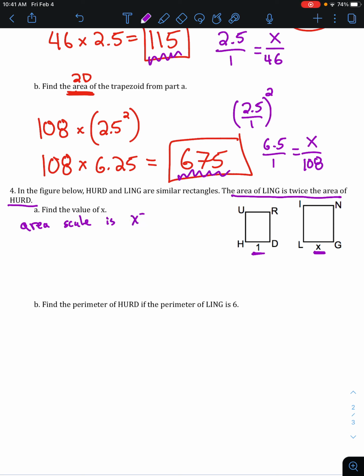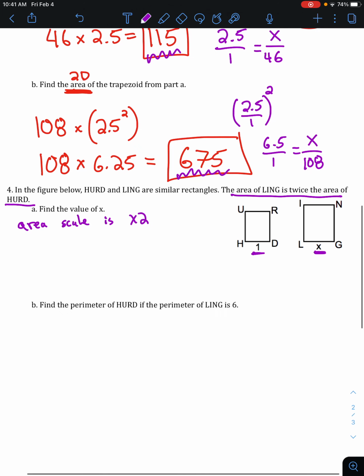is times 2. We need to take the square root of that to figure out the scale factor of the sides, or the perimeter. And so for square rooting 2, we're just going to leave that as the square root of 2. It's approximately 1.4, but we're just going to leave it as square root 2 to stay nice and exact here. So the area scale is times 2. That means our square root 2 is the one-dimensional scale, or for the side lengths.